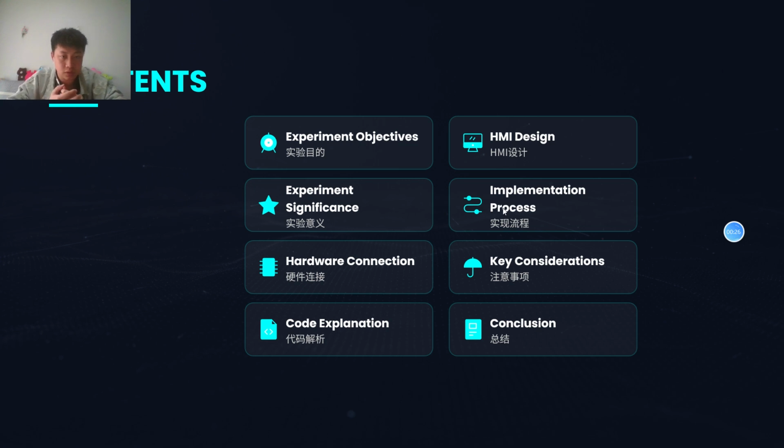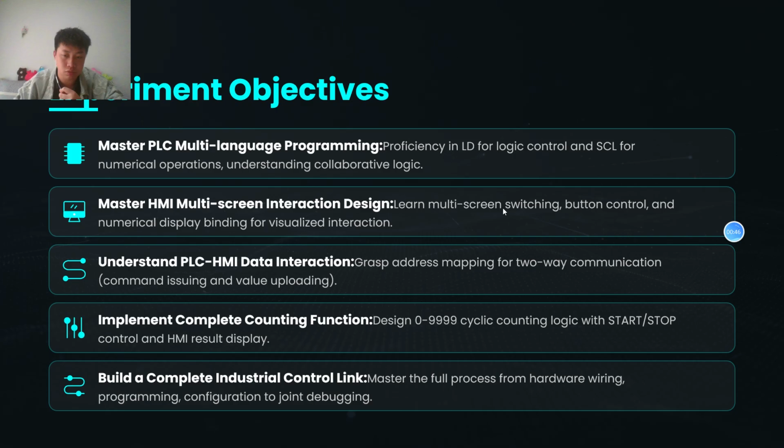Let's see the content. It has these 8 parts: experiment objective, HMI design, experiment significance, implementation process, hardware connection, key consideration, code explanation, and conclusion.